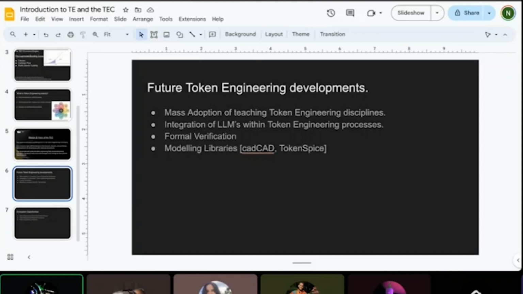We want to be able to verify and have safe token systems that are published out there. I know it can get very distracting with meme coins popping up every 15 seconds, but formal verification modeling libraries such as CADCAD and Token Spice are going to be fundamental tools that allow token engineering to take the next step as we move forward.